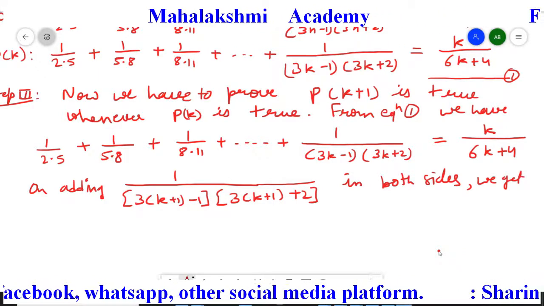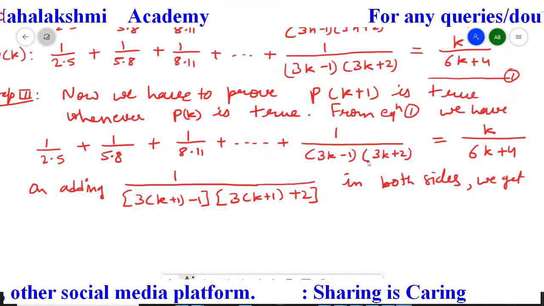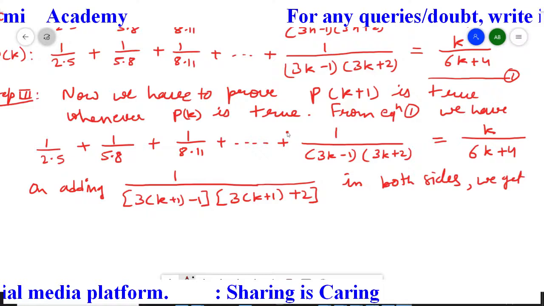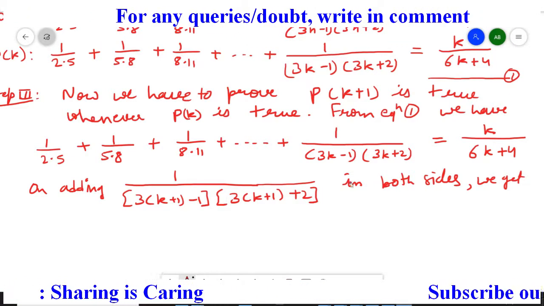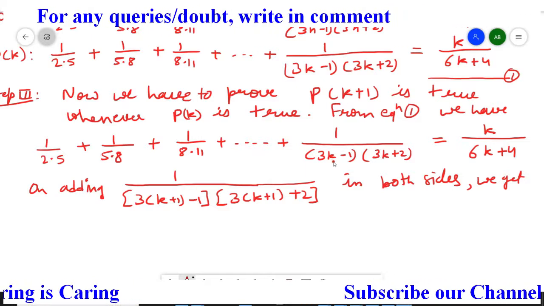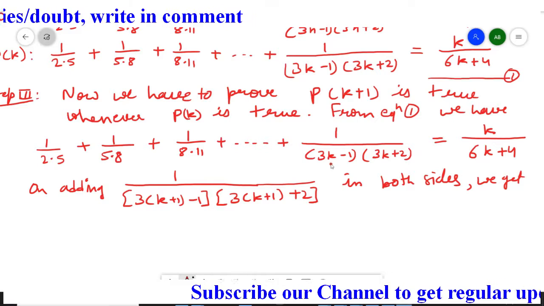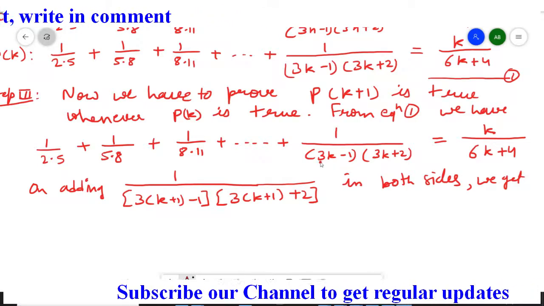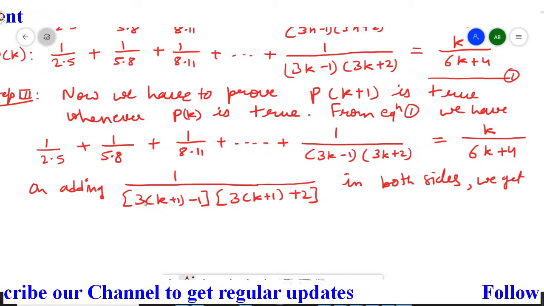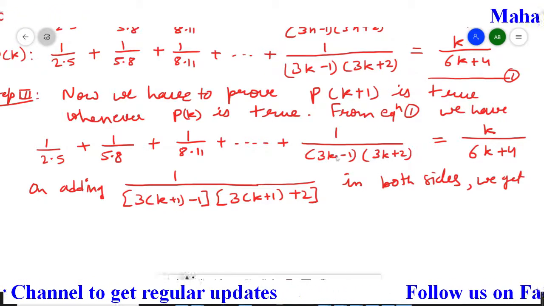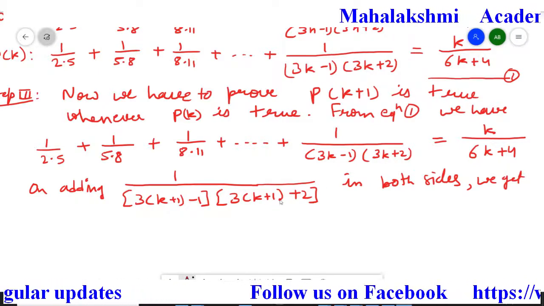So what I have done is, since we want to convert this pk statement to pk plus 1, so you just see when we have here k, that time it is ending by k, so now we want that it should end by k plus 1, so wherever k is there, that we have to replace by k plus 1. That's why instead of this bracket I wrote here 3k plus 1. So instead of this k only I wrote here k plus 1, and instead of this k also I wrote here k plus 1.